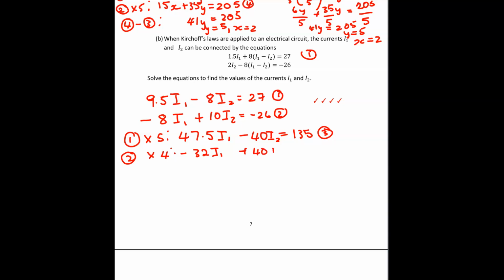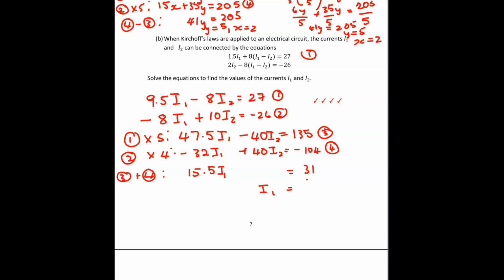Now you can see why I did that. And then add those together. 47.5 minus 32 will give you 15.5 I1 and no I2s, and that will give you 31 on the right.